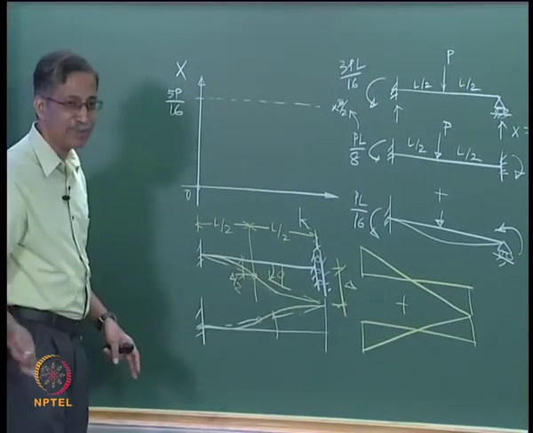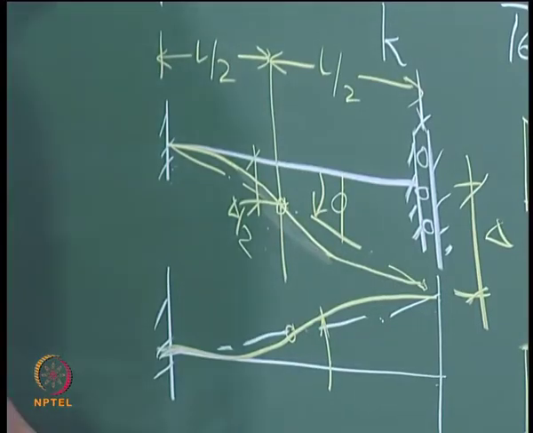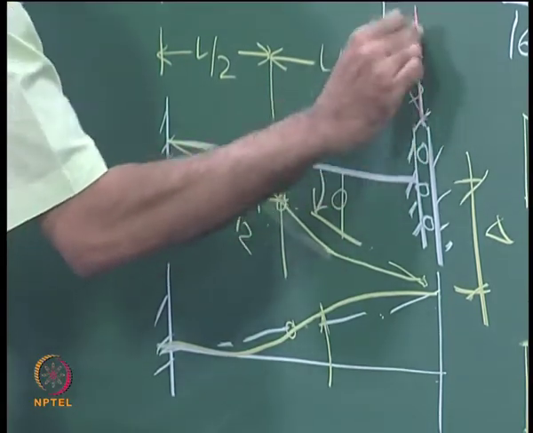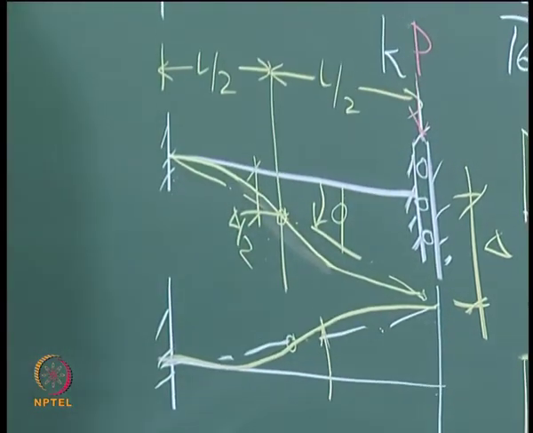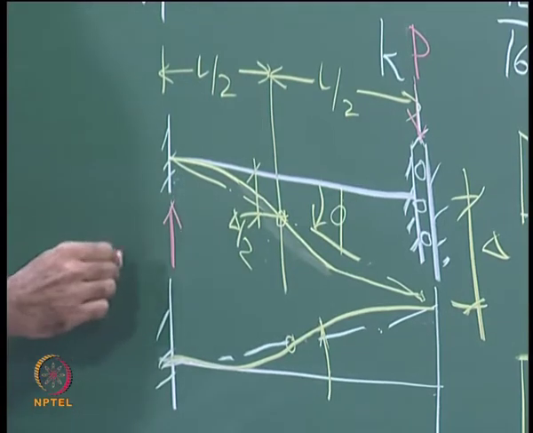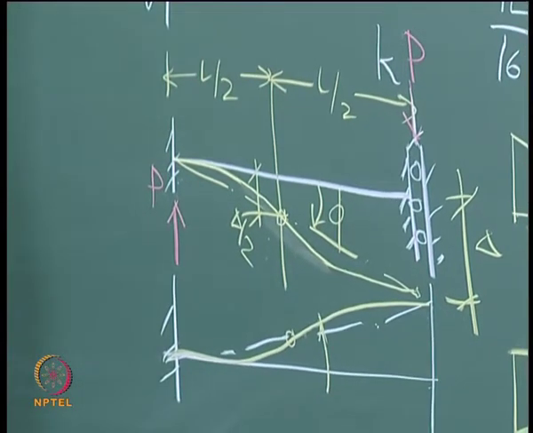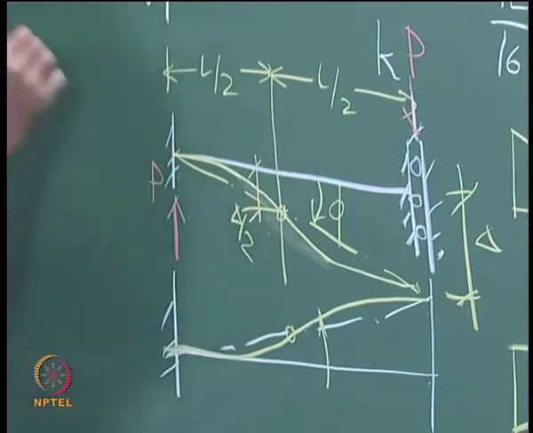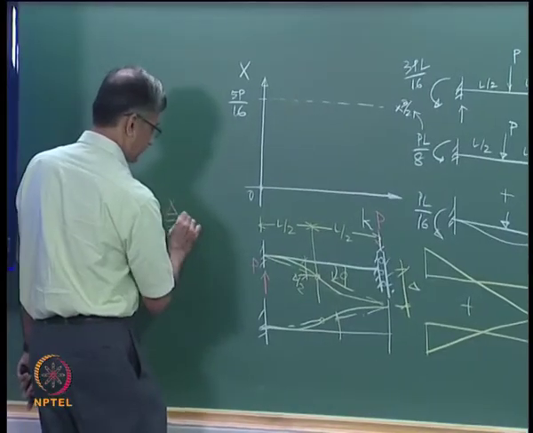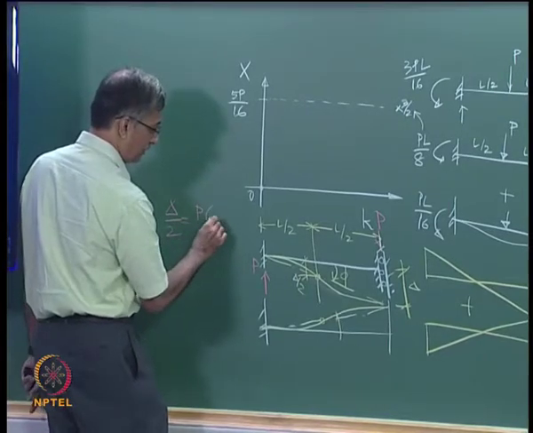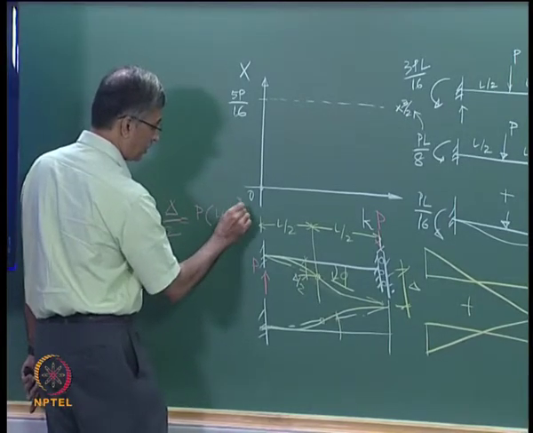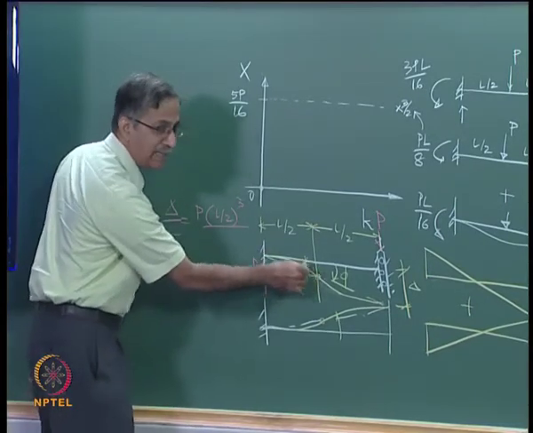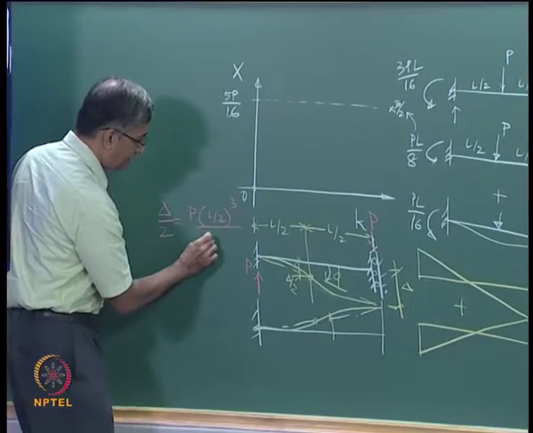And let us finish it because we need this knowledge later. Let us work it out. So let us say this force here is P. Equilibrium demands that this also is P, right? And what do you think this deflection is? Delta by 2 will be P into L by 2 the whole cube by, it is a small cantilever, right? I can cut it there, by 3I.